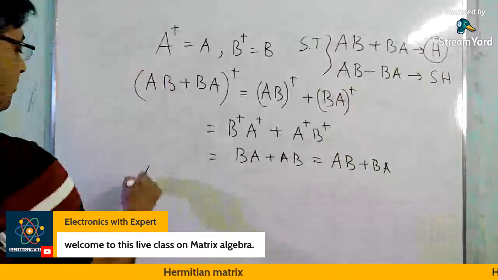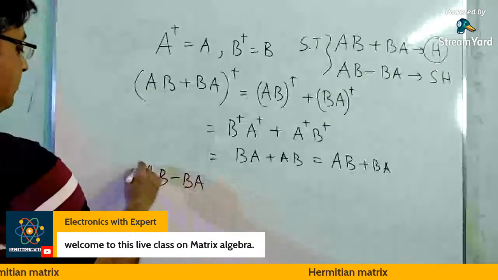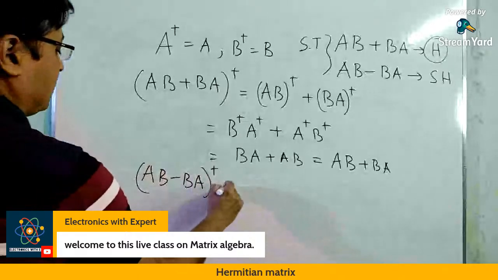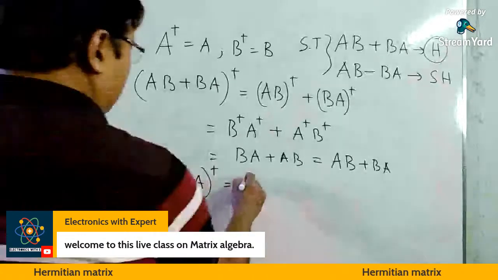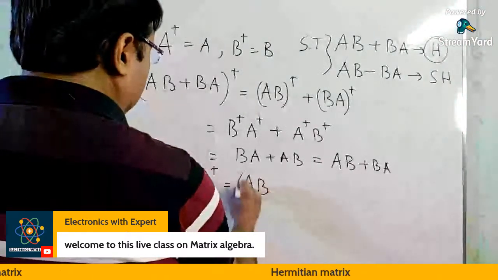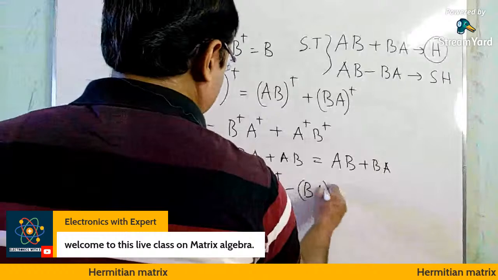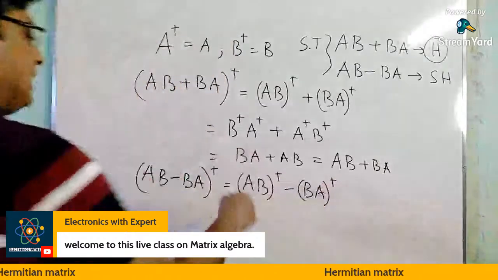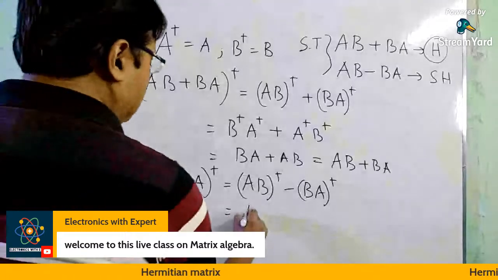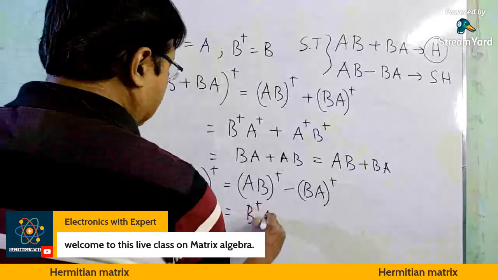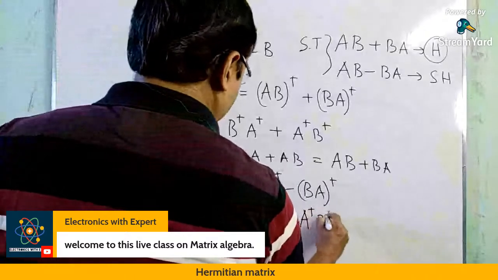To find out whether AB minus BA is a skew Hermitian matrix, we again have to find (AB minus BA) whole dagger. That will be (AB) whole dagger minus (BA) whole dagger, and as dagger means the conjugate transpose, it will be B dagger A dagger minus A dagger B dagger.